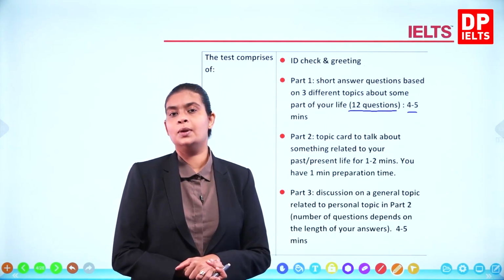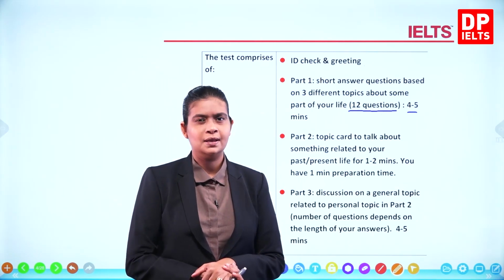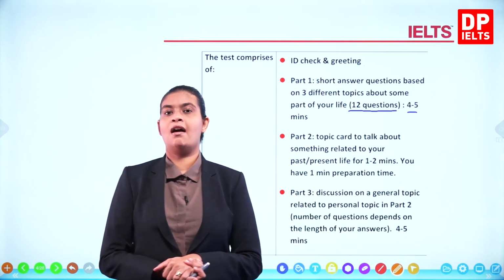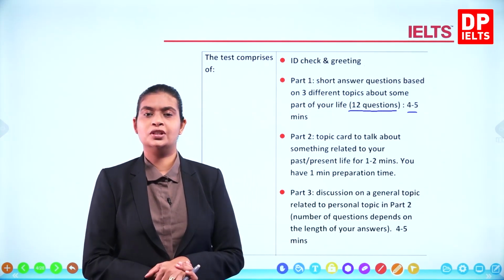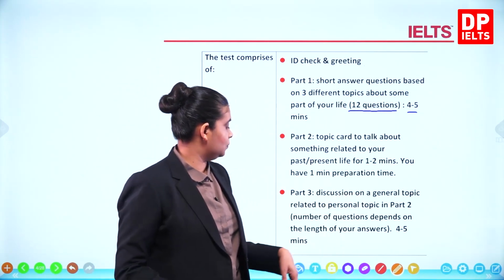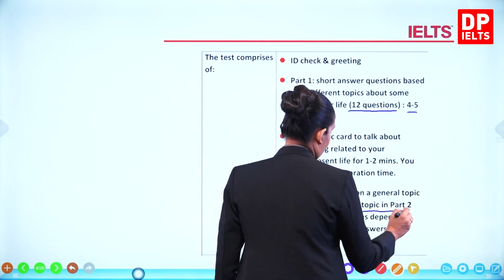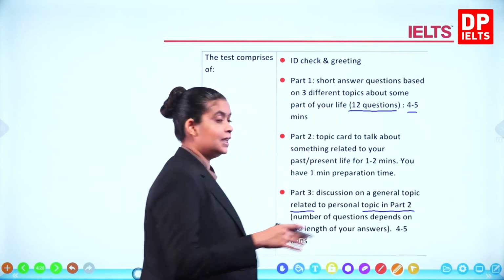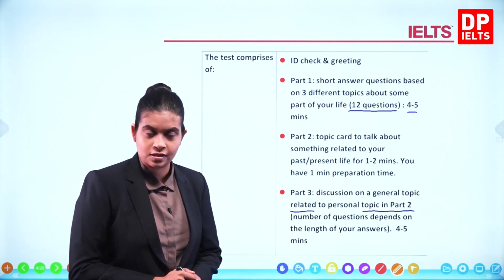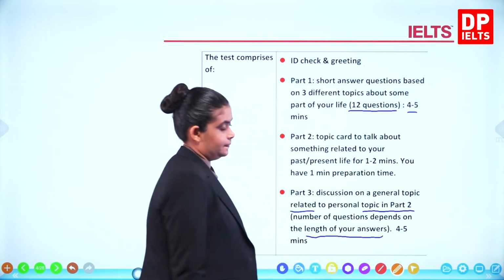They will not ask you to talk about something completely unrelated, like science or museums, which are completely out of context. Usually it would be related to the topic in part 2. And here, the number of questions that the examiner asks you depends on the length of your answers.